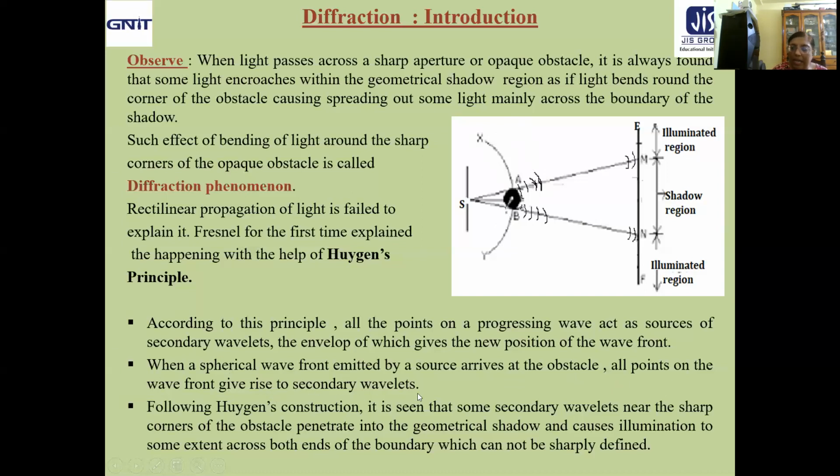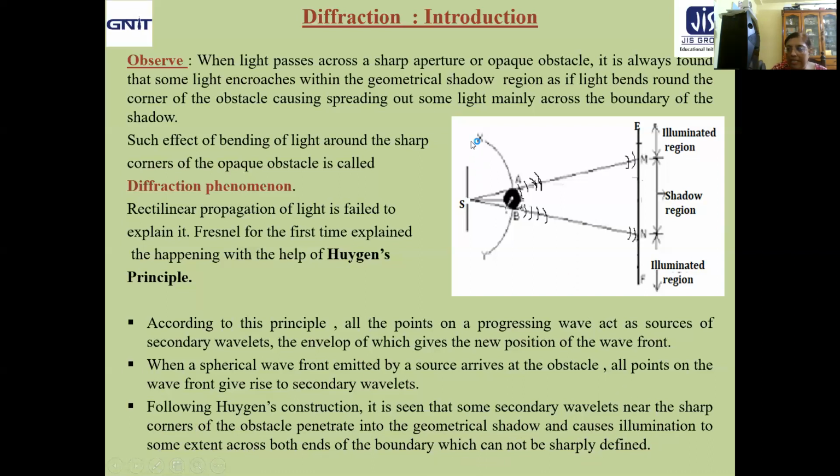That means when a spherical wavefront emitted by a source arrives at the obstacle, all points on the wavefront give rise to secondary wavelets. Now, following Huygens construction, it is seen that some secondary wavelets near the sharp corner of the obstacle penetrate into the geometrical shadow and cause illumination to some extent across both ends of the boundary, which cannot be sharply defined.